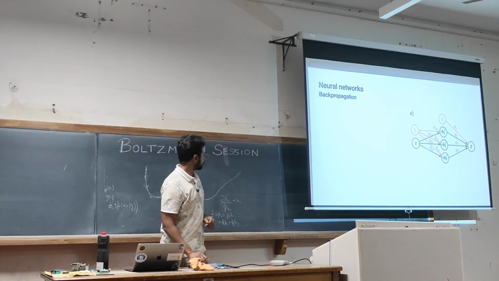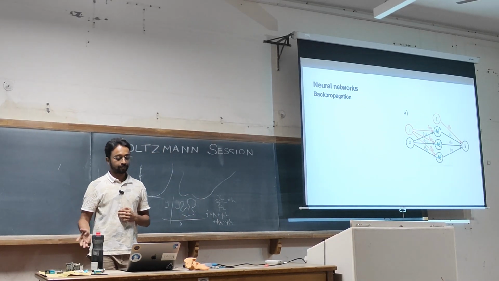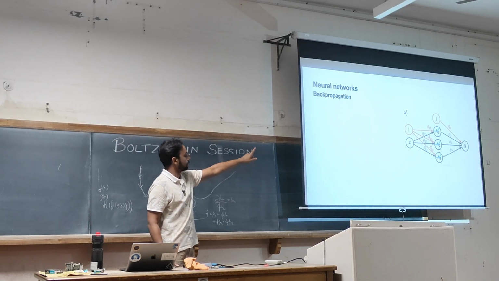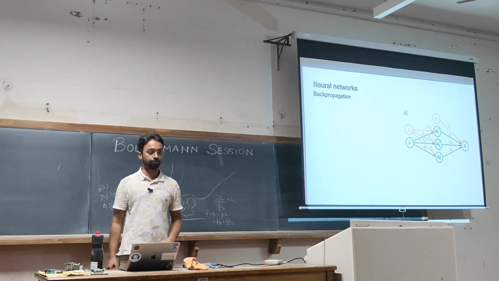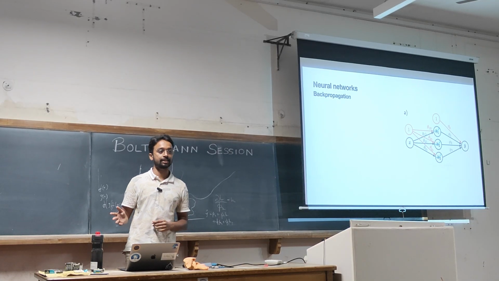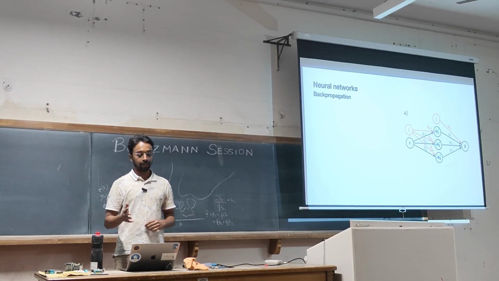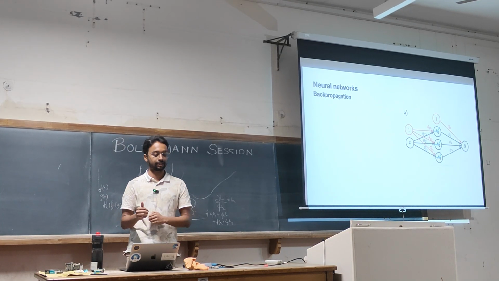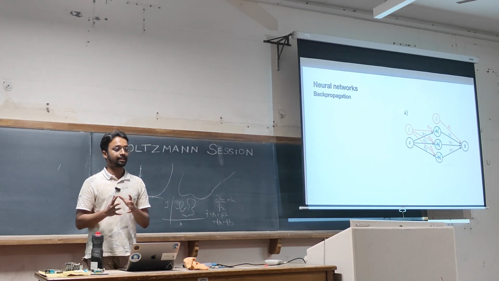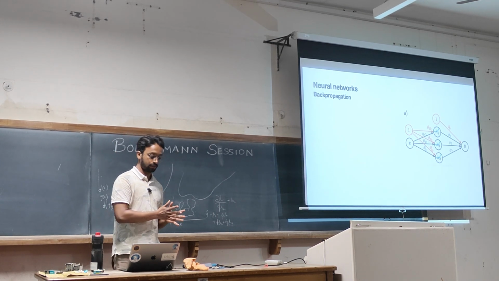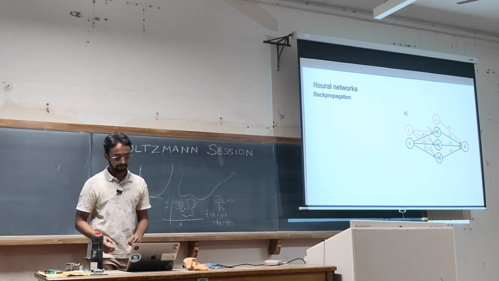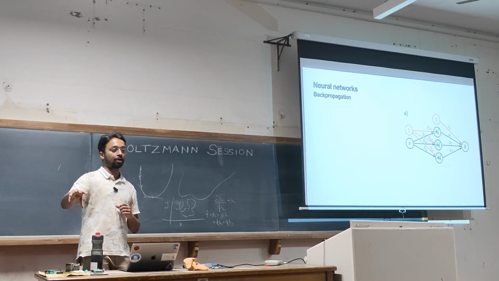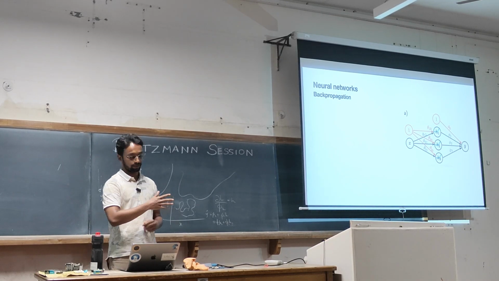A better way of doing it is to start by computing the gradients on the last layer and then progressively move inwards, because the gradients in the first layer depend on those in the last layer. So you compute the gradients in the last layer, store them in memory, and then move to the previous layers to compute those derivatives. This idea is called backpropagation, because you start from the prediction and the loss, compute the first gradients, and then move backwards.